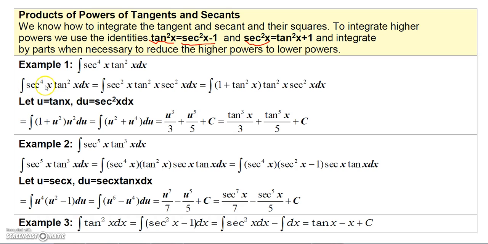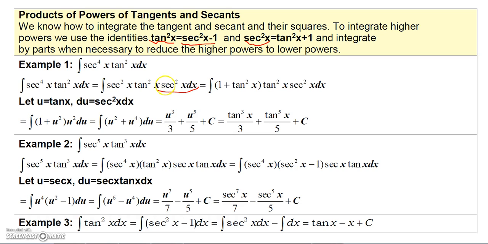So if I take secant to the fourth x and write it as secant squared x times secant squared x, then notice the secant squared x dx would be du if u is tangent x.